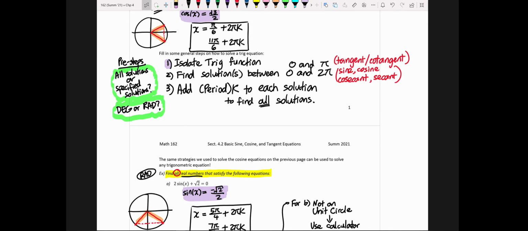Step 2, find the solutions in one cycle, the first cycle of your function. And step 3, add period times k to each solution. Once you complete those 3 steps, then if you're given a specified interval, you find the answers in that specified interval.